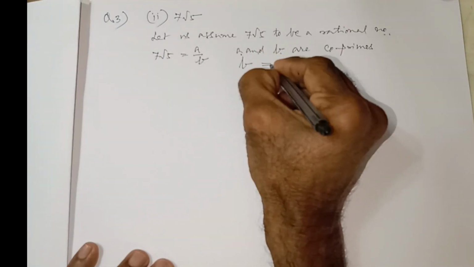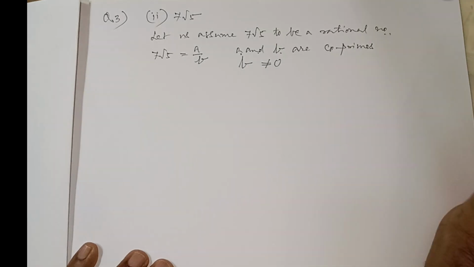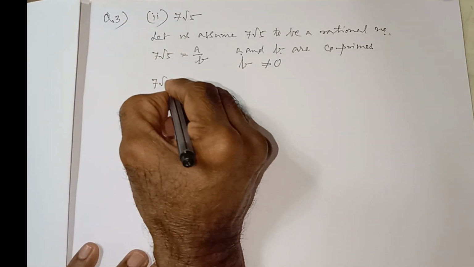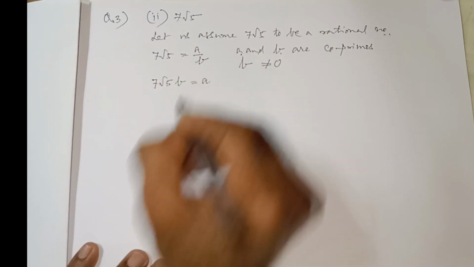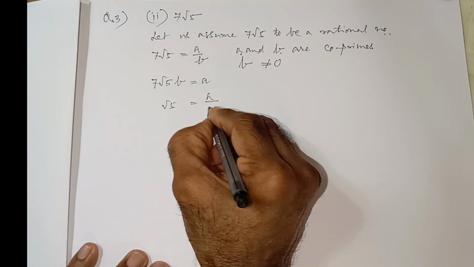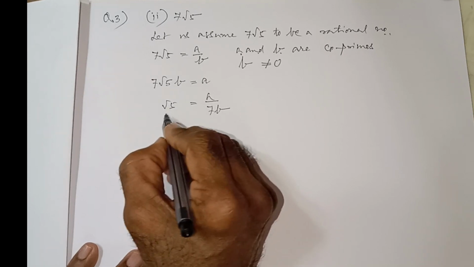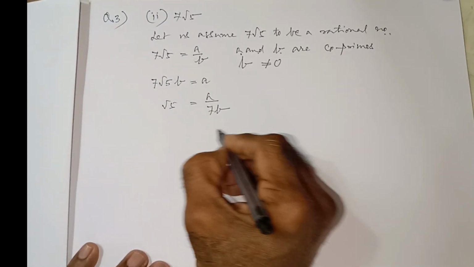b should never be equal to 0. You know very well, if 0 divides a number, it is undefined. Now you cross multiply: 7 root 5 b equals a, or root 5 is equal to a by 7b, whichever way. Ultimately, we need to see that the root of this number remains on the LHS, and the balance should come to the RHS.